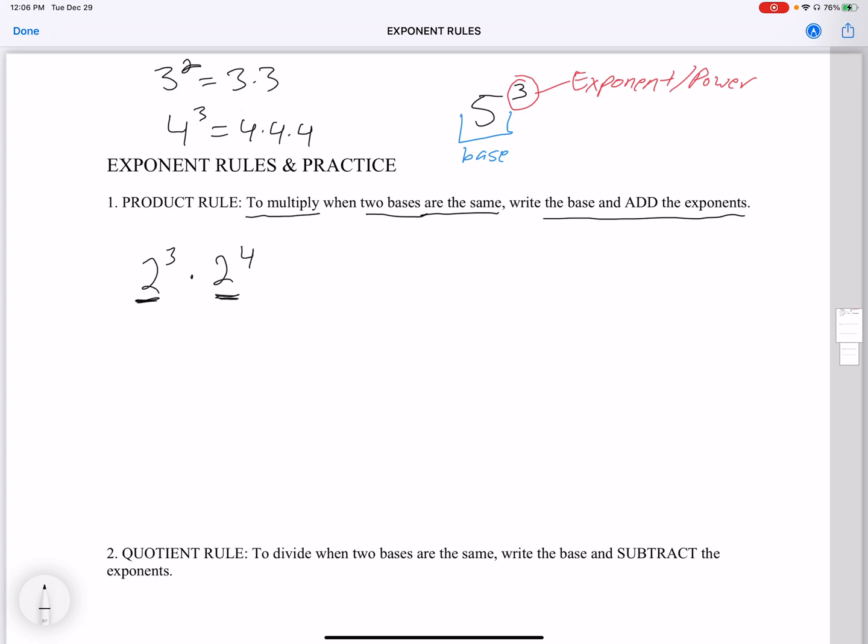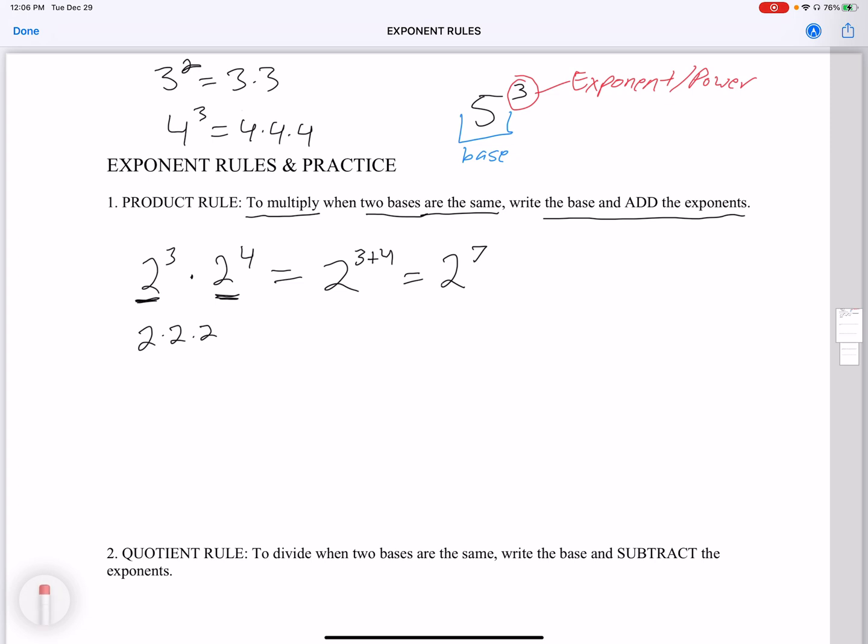If I'm multiplying 2 cubed times 2 to the fourth, my answer is going to be the base. You're going to keep the base, and you're going to add the exponents, meaning you're going to take 3 plus 4. So your answer becomes 2 to the 7th. Now, why is that? Well, let's think about it. 2 to the third means 2 times 2 times 2.